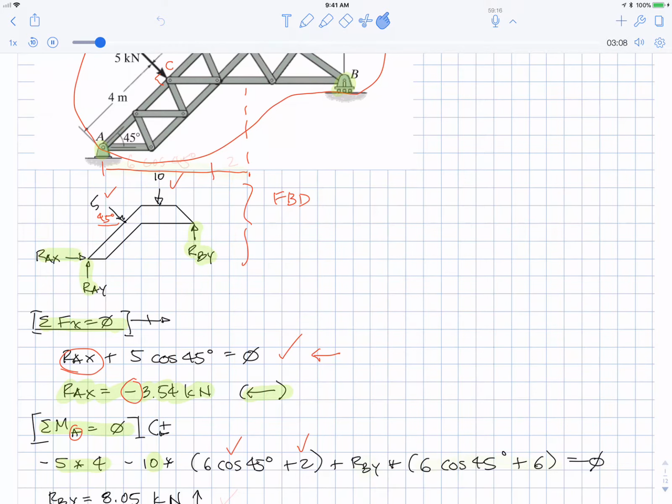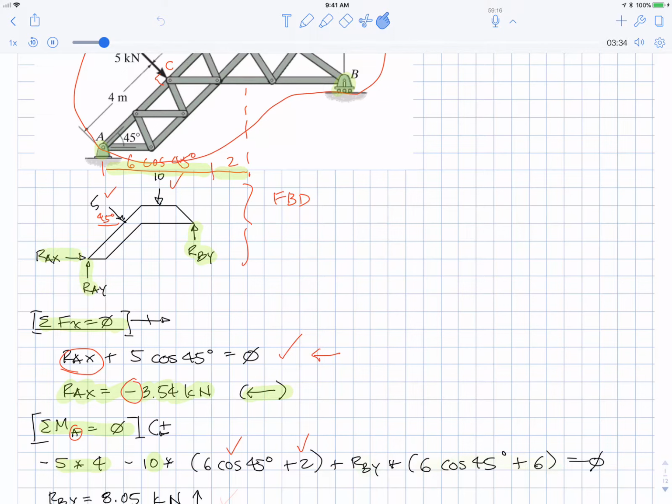So let me draw it in here. This is 6 cosine 45 degrees, right here, this much, and then this little bit extra here was 2 meters, this much right there. Okay, then I had RBy, and its distance away from A was again 6 cosine 45 degrees, and then another 6 meters.